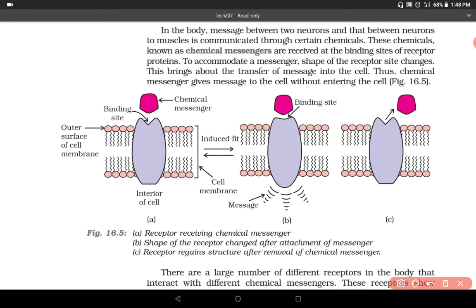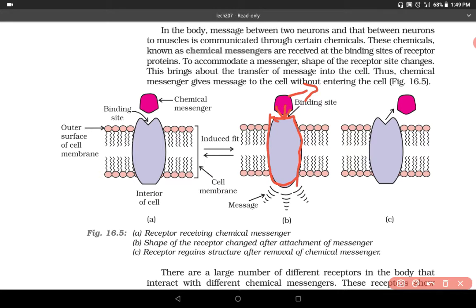Chemical messengers are received at the binding site of the receptor protein. The binding site receives the chemical messenger only here, and the shape of the receptor site changes to accommodate the messenger's shape. The messenger is sending a message, like take your hand away fast.